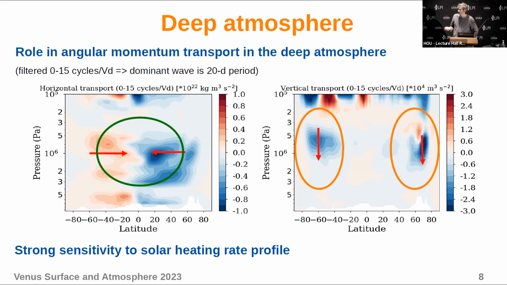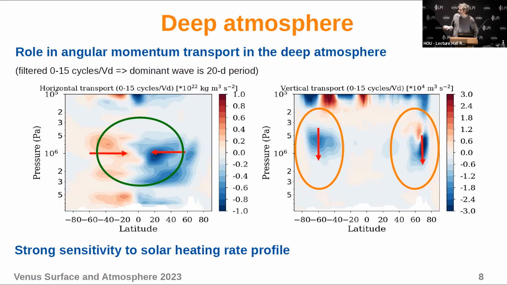You can see that these waves transport angular momentum horizontally and in the equatorial region. So that would be the equatorial component of this kind of wave activity that mostly transports momentum towards the equator, around 10 to the 6 Pascal here.